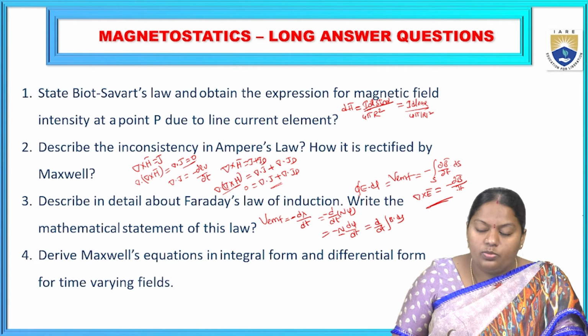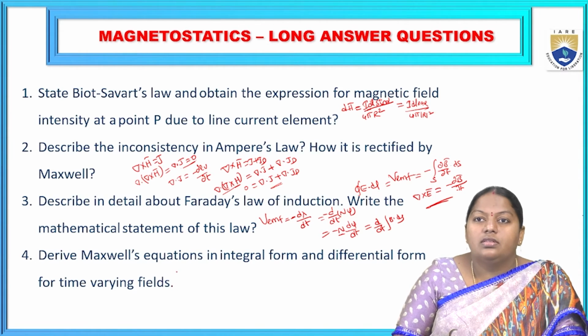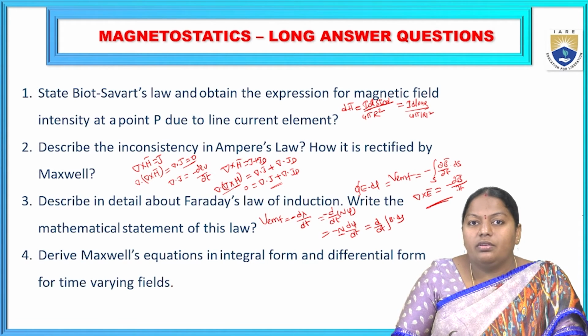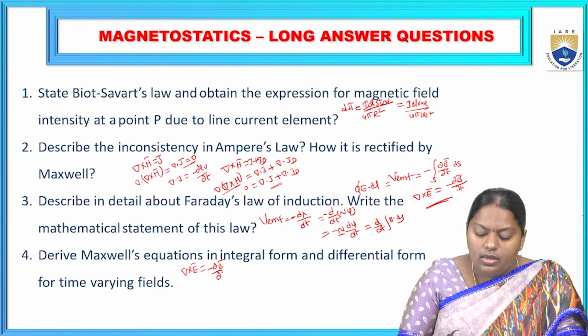fields or electromagnetic fields. Derive Maxwell's equations in integral form and differential form of time varying fields. So two Maxwell's equations which are already derived in static electric as well as magnetic fields need to be modified in time varying fields. One is del cross E̅, which can be modified according to Faraday's experiments as del cross E̅ equal to minus ∂B̄/∂t.